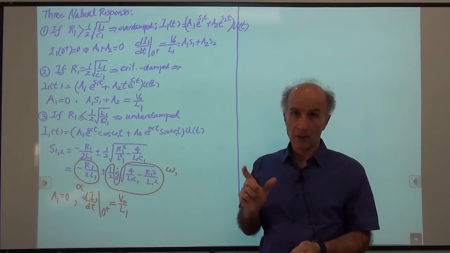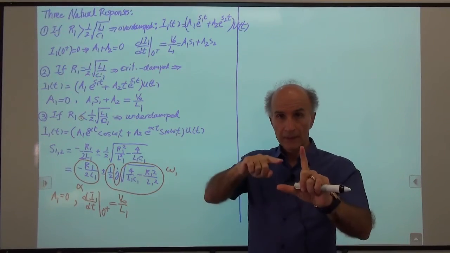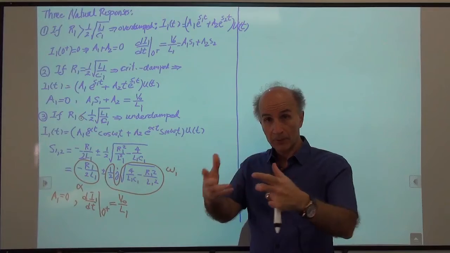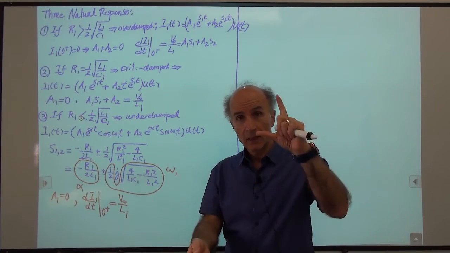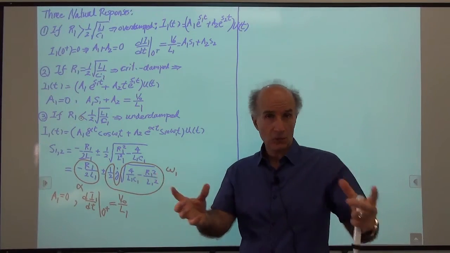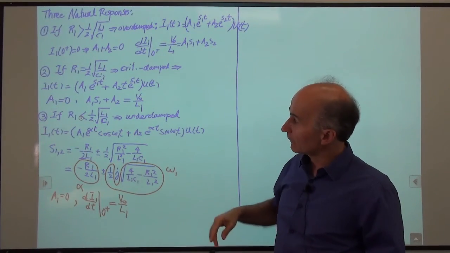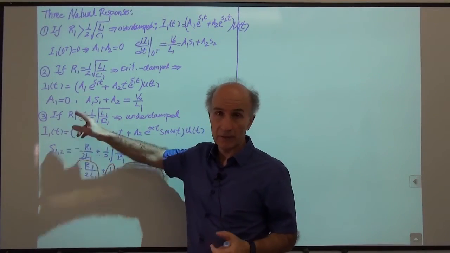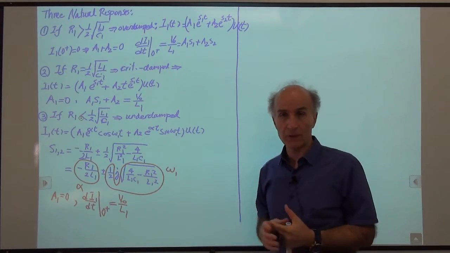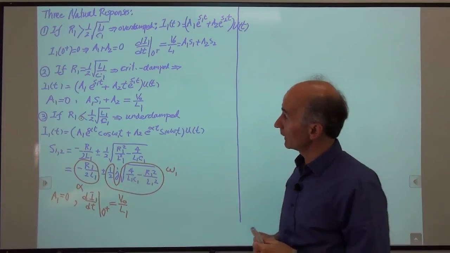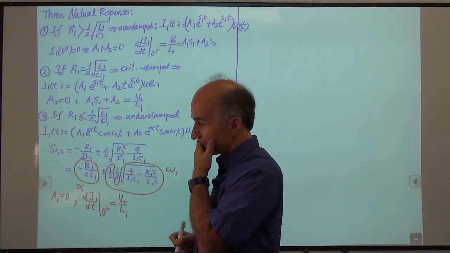As the resistance becomes smaller and smaller, the series of the capacitor and the resistor and the inductor approaches an ideal LC tank. So an ideal LC tank will just oscillate forever. And that happens if R1 is very, very small, 0, that is. Okay, so that is what we get for the natural response of the circuit.